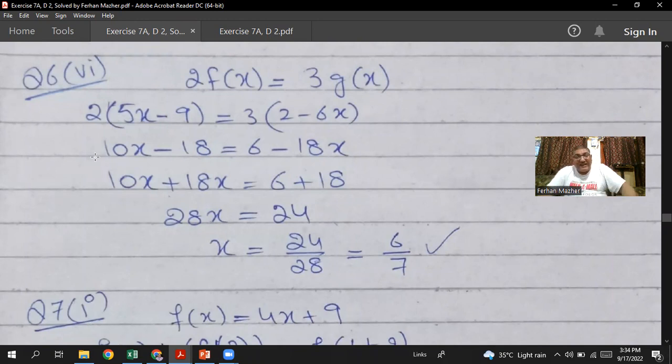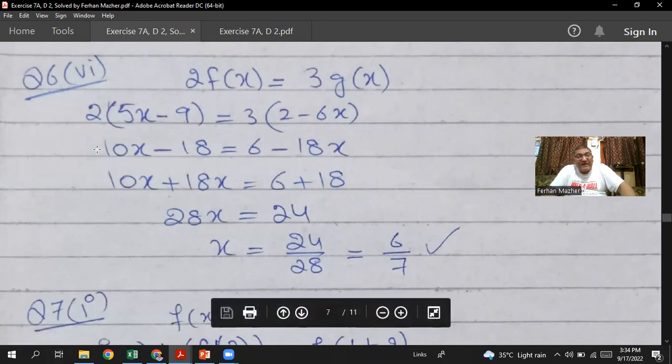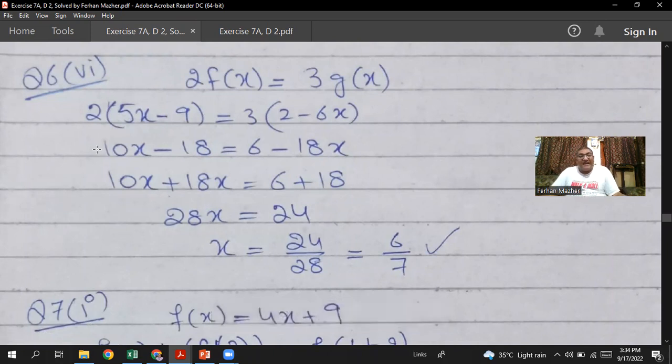So you will have 10x minus 18 equals 6 minus 18x. Then you will have 10x plus 18x is equal to 6 plus 18. So you will have 28x equals 24. So x will be equal to 24 by 28. Both can be cancelled with the table of 4. So you will have 6 by 7. So x is equal to 6 by 7.